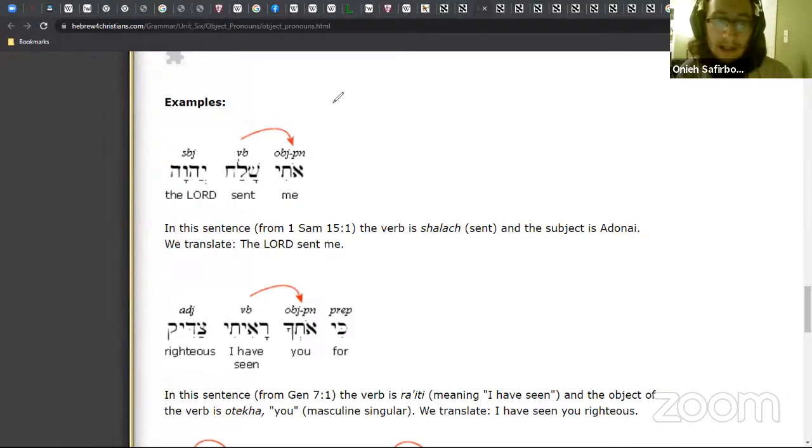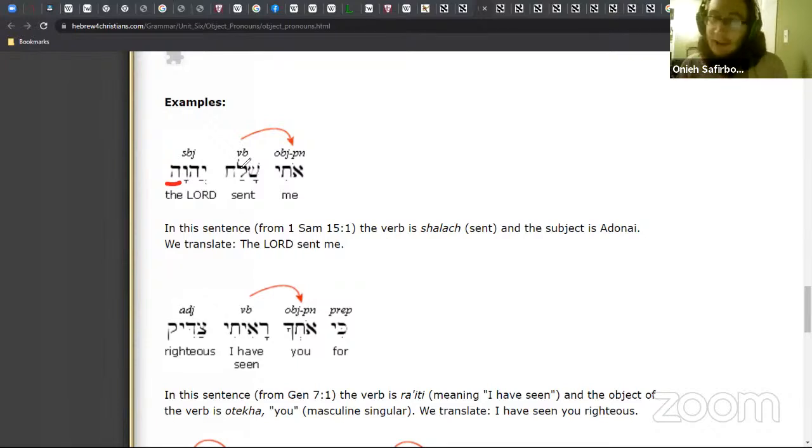It's added at the beginning of a word that makes it the, whatever the noun is. Not always, because sometimes hey means something else when it's added at the beginning of a word. But to say the in Hebrew, you add hey at the beginning of a word, and when you do that, that's when you use aleph tav as well, if that's an object.